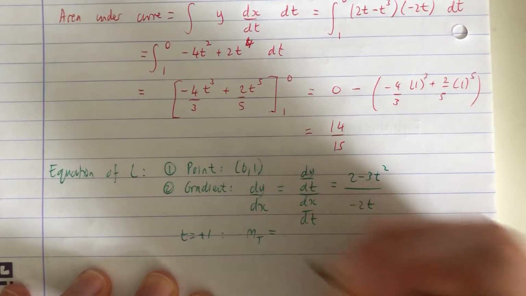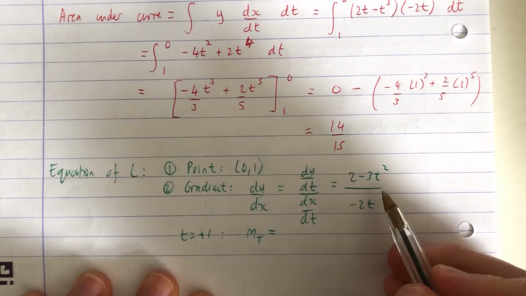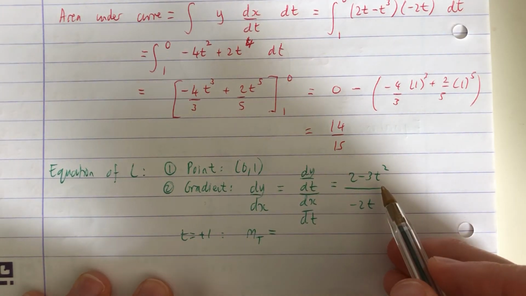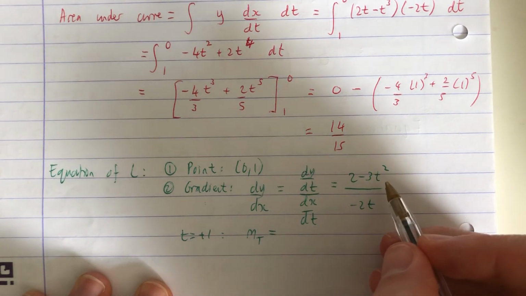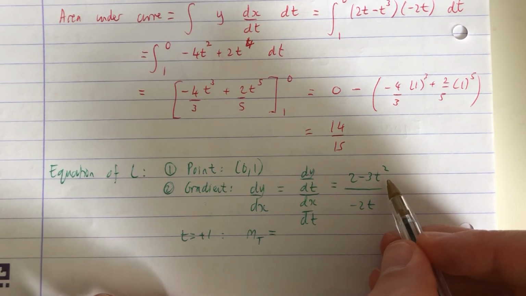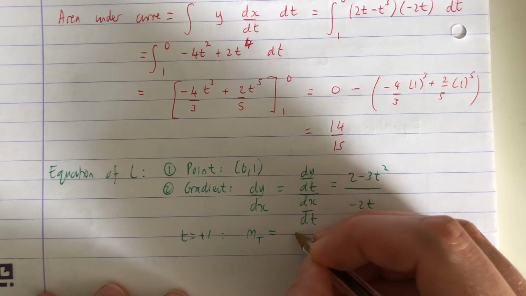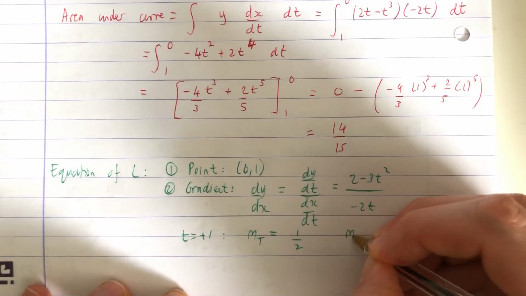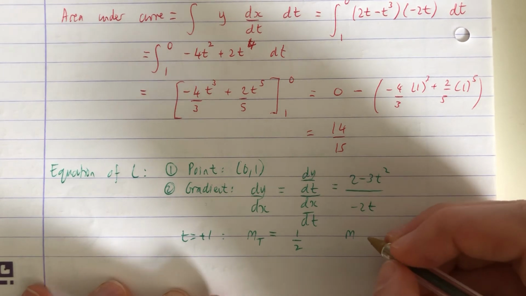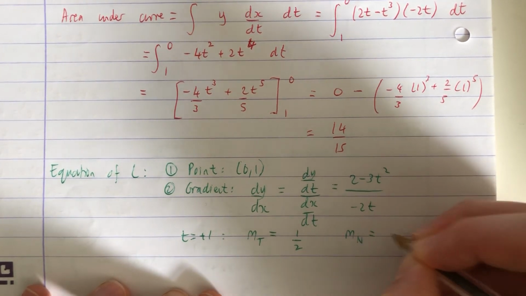Gradient of tangent. If you put +1 into this, what are you going to get? You're going to get a half, which means the gradient of the normal, which is perpendicular, would be -2.